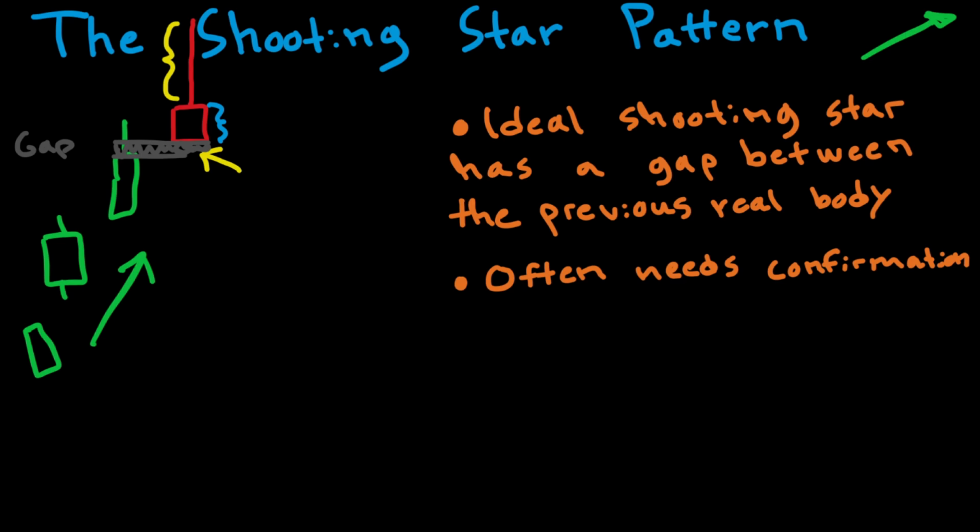And a confirmation is basically that the next day, so this day, we get a red candle, and ideally we want the red candle to close a good amount below the shooting star. So this right here is a confirmation.